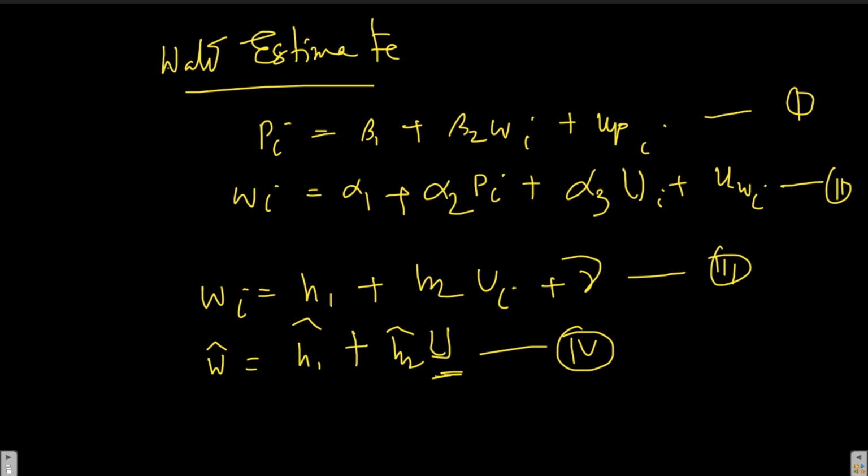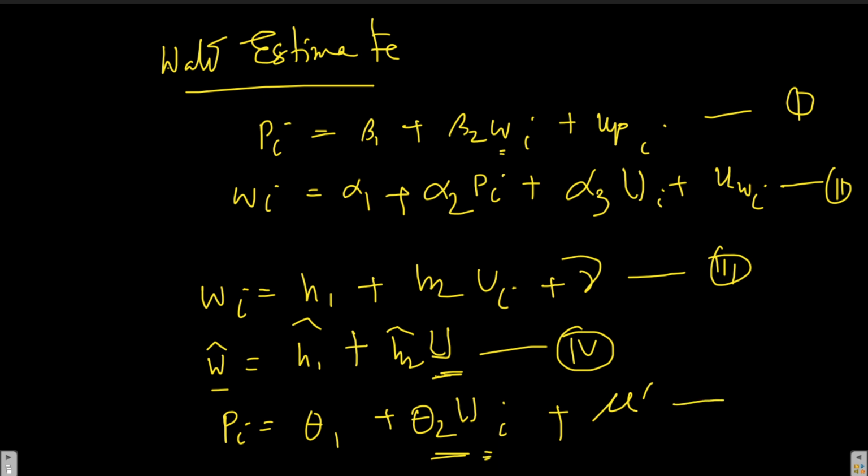So Pi is going to be, let's say, theta 1 plus theta 2 UI, so instead of Wi, I'm going to use UI, and let's say some error term mu prime. Instead of using the estimated W, I'm going to use the instrument directly in the second stage regression. So this is my equation 5.